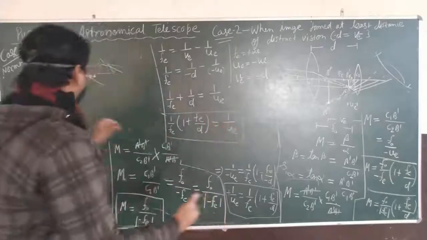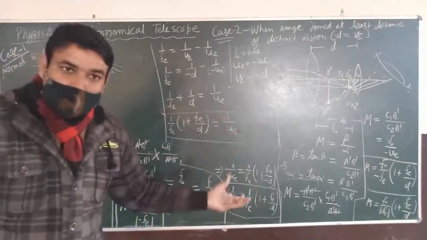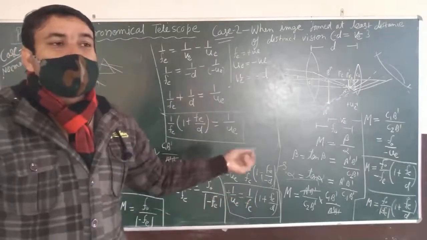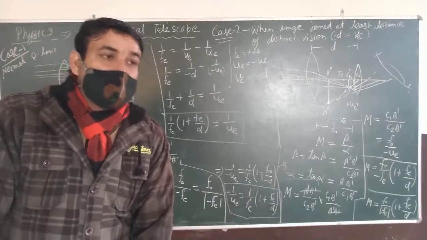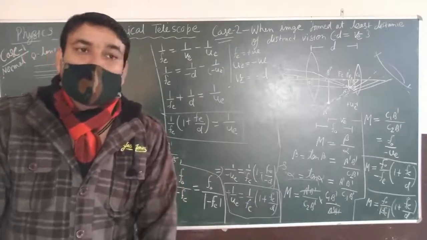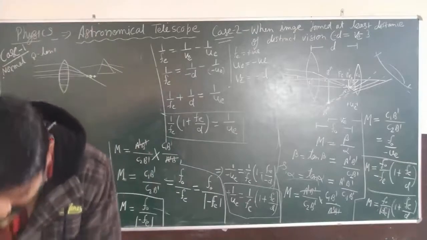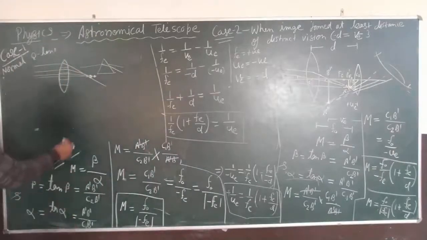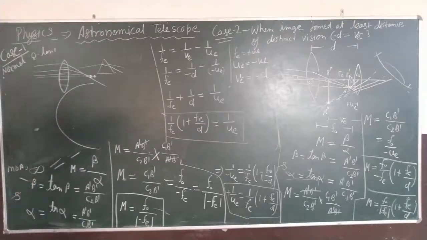Then all these errors are corrected, and this newly formed telescope is called a reflecting type telescope, also known as the Cassegrain telescope. How is it formed? It is like this. It is fully concave.